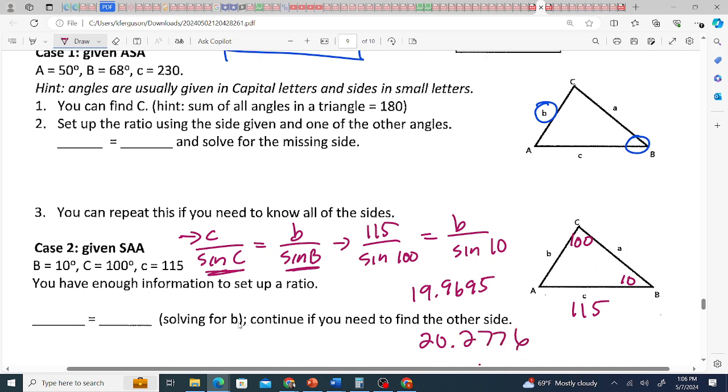So again, depending on what your instructions tell you to round to, it could be 20, or it could be 20.3, or it could be 20.28.